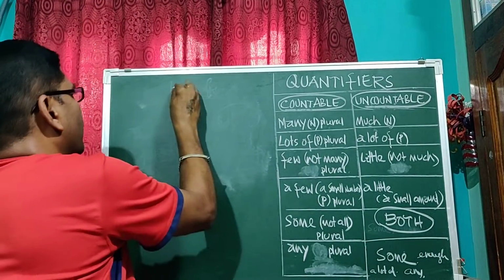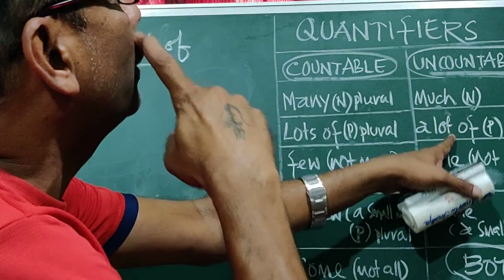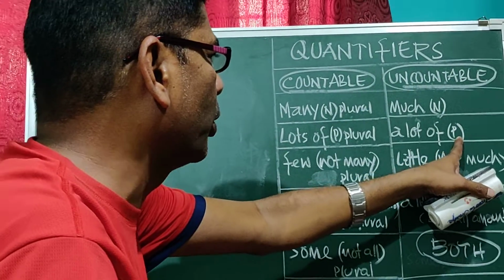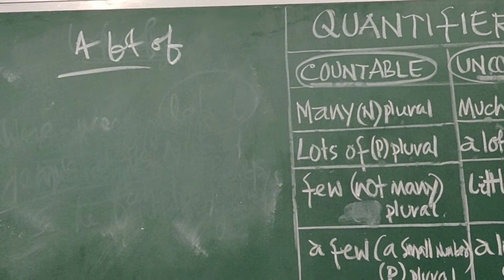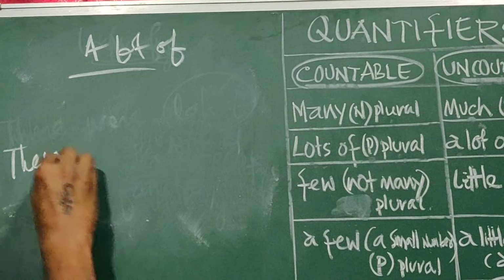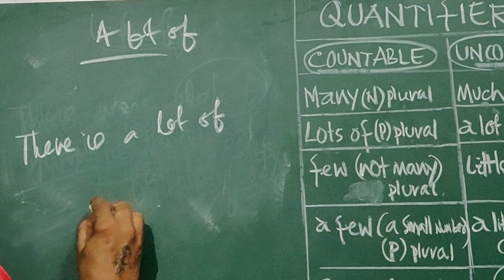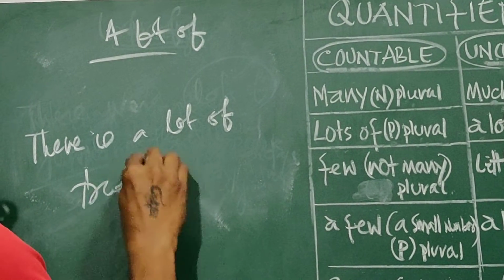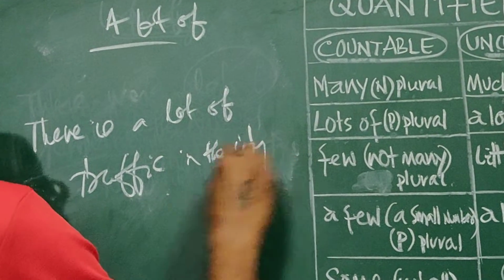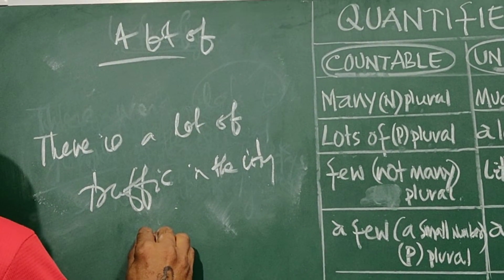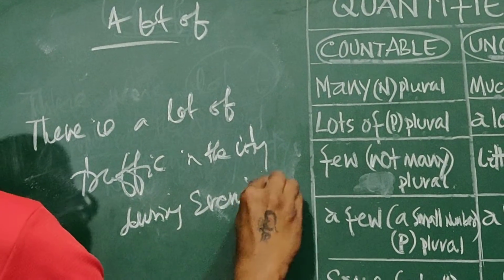Now a lot of. A lot of is used for uncountable nouns, positive. For example, there is a lot of traffic in the city during evening.